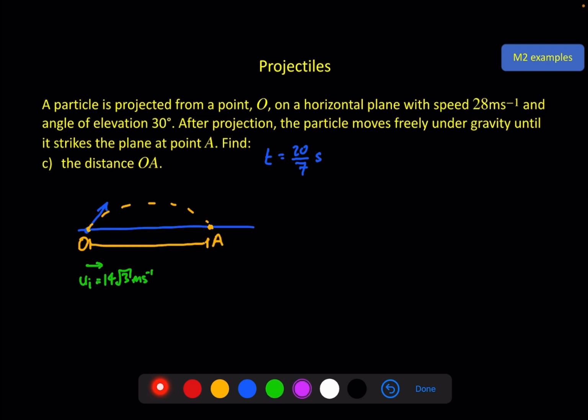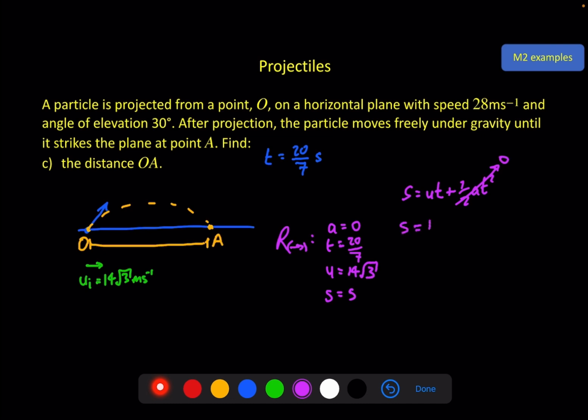If I put it in the usual format though, let's say resolving to the right, a is equal to 0, t is equal to 20 over 7, u is equal to 14 root 3, and we want s. S is equal to ut plus a half at squared, where a is 0, this becomes 0.